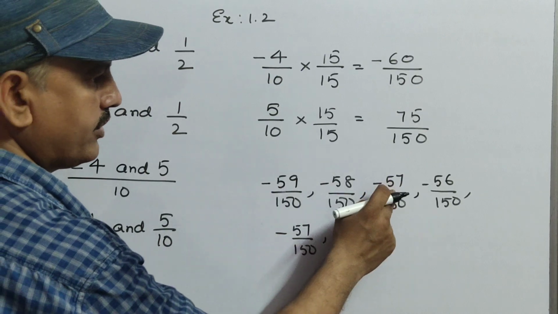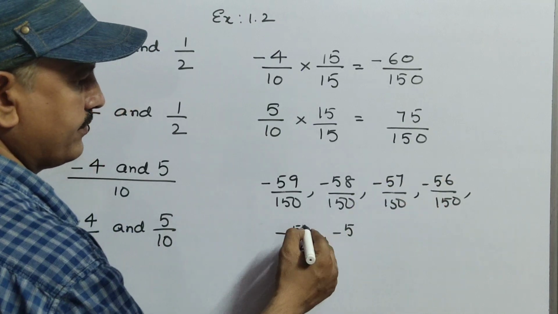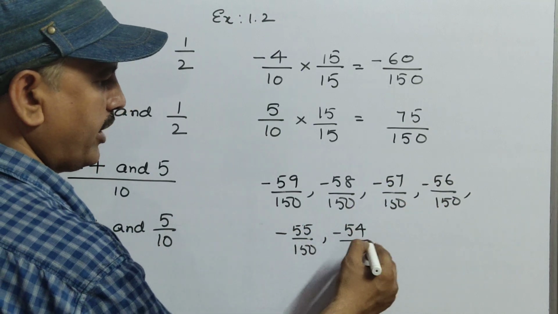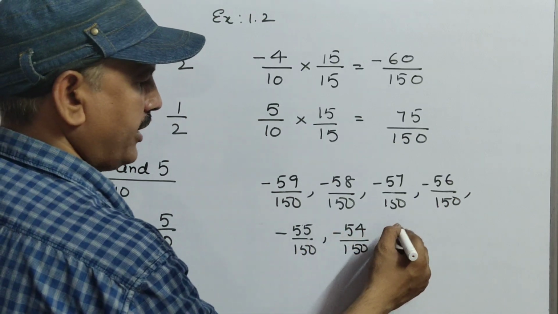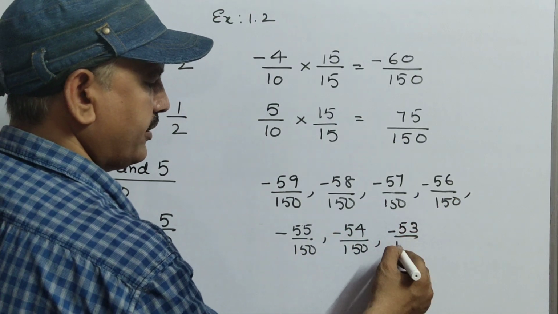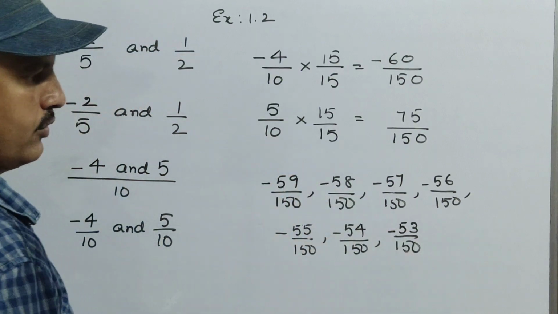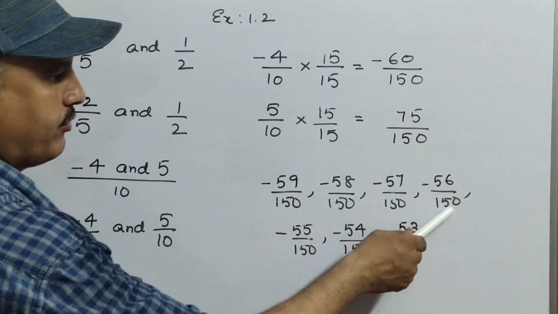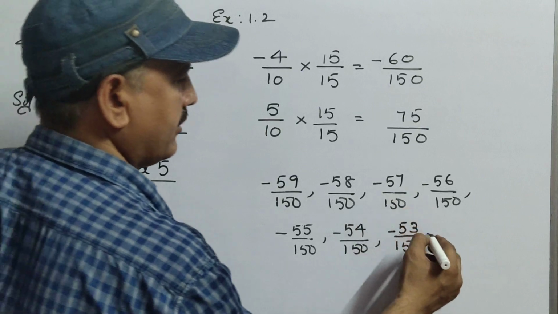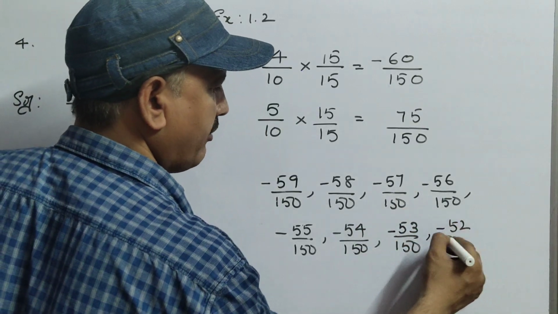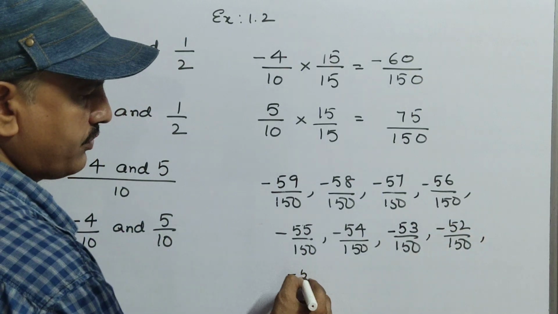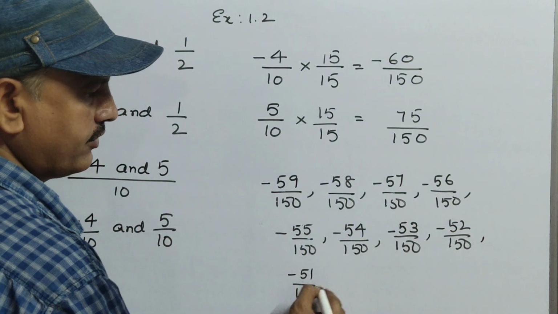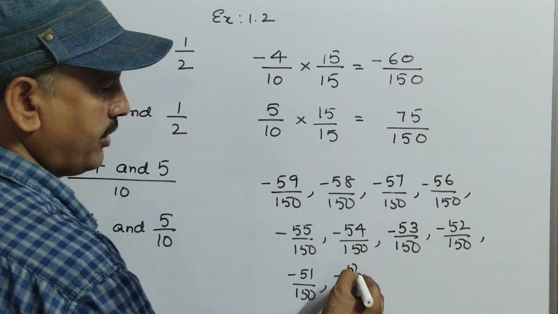59, 58, 57, 56, 55, 54 by 150. Next, minus 53 by 150. Okay, so 1, 2, 3, 4, 5, 6, 7. Minus 52 by 150, minus 51 by 150, minus 50 by 150.